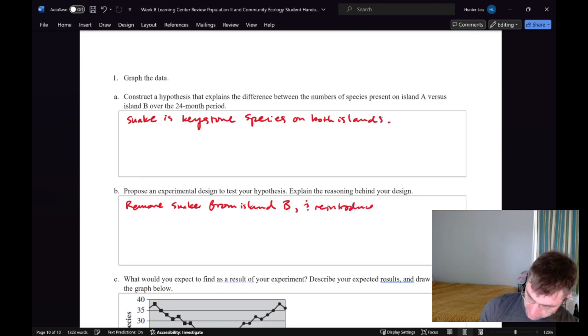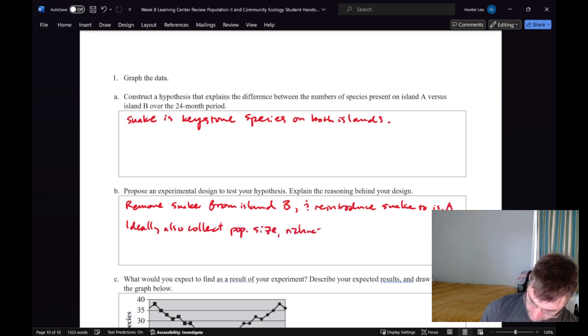You would ideally collect data on not only species diversity, but also population size and species richness, so the variety of species. This would allow you to better understand which competitor species is being held in check by the snake.